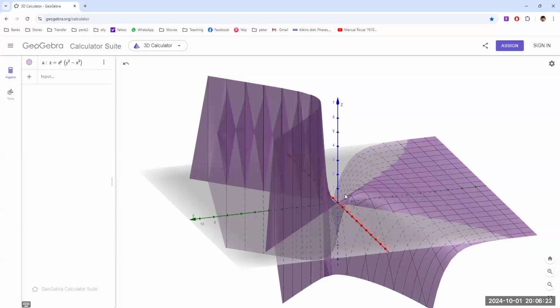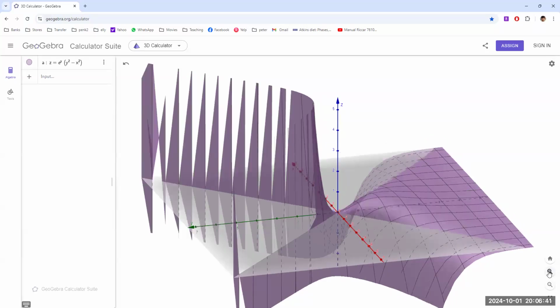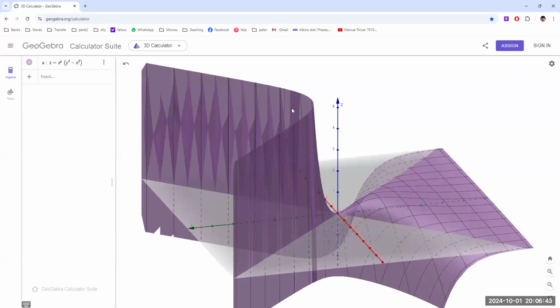At 0 it's clear, it's the saddle, right? But at 0, 2, I wonder if you can see, it's up there. There's 2 here. It's still not visible.